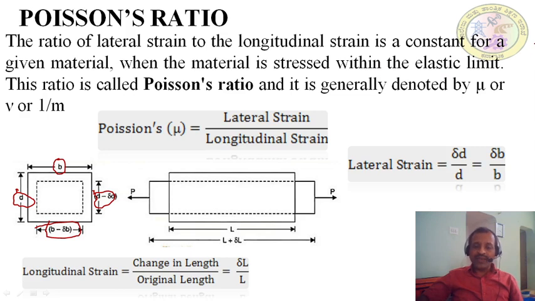The lateral strain is delta D by D, which is equal to delta B by B. The longitudinal strain is the change in length to the original length, that is delta L by L.